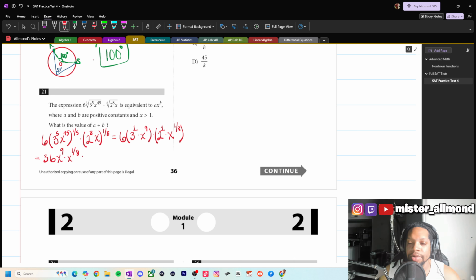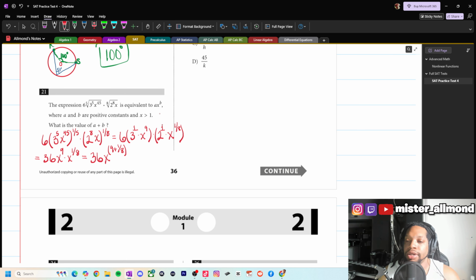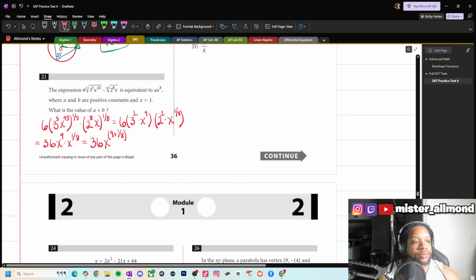Properties of exponents tell me right here that I need to add my two exponents. So that's 36x to the power of 9 plus 1/8. I guess if you wanted to, you could get common denominators right there. So a plus b, dang, I'm running out of space.